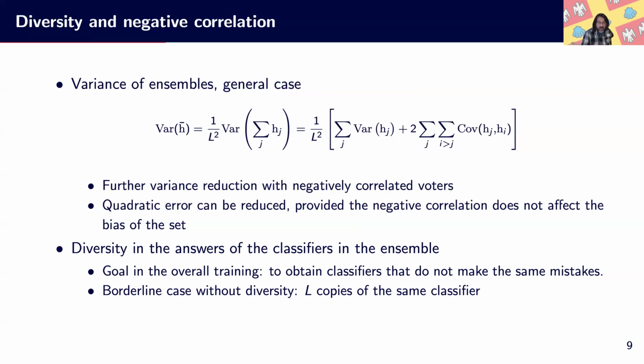Maybe they have been trained independently with different starting points, but it is not uncommon to have approaches that converge to the same model very often for a given data set. So if we build an ensemble with that, there is not much need for an ensemble, because it will be L copies of the same classifier. Let's just use one copy, that will be enough.